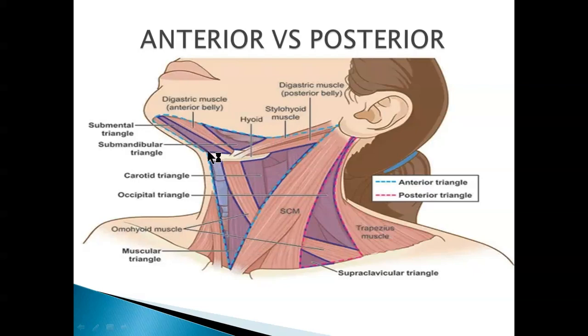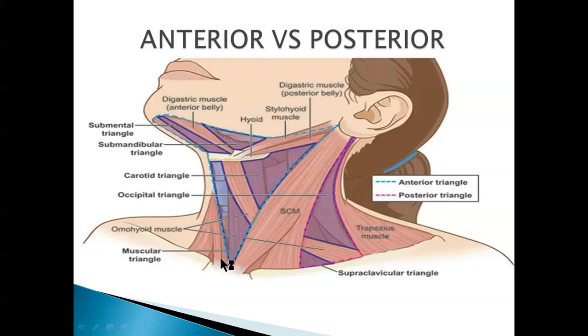The anterior triangle itself is divided into four further triangles. This one is the submental triangle. Then we have the submandibular triangle, then the carotid triangle, and here the muscular triangle.